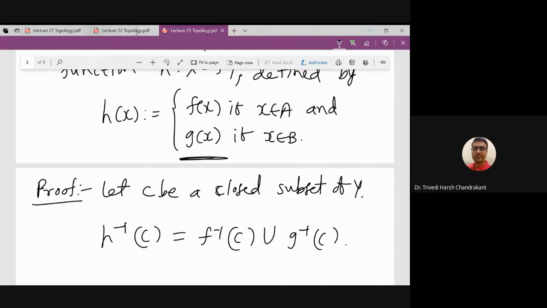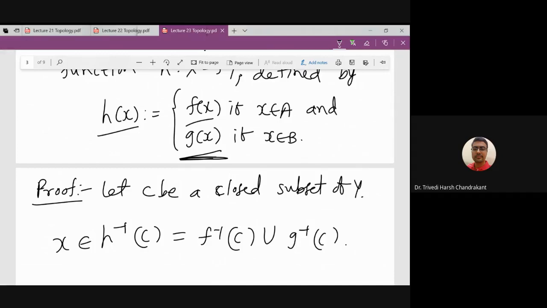Alright, this is quite straightforward, because if you take x, an element of H inverse C, that means Hx belongs to C. So Hx belongs to C means there are two choices for Hx: either it is Fx or it is Gx.